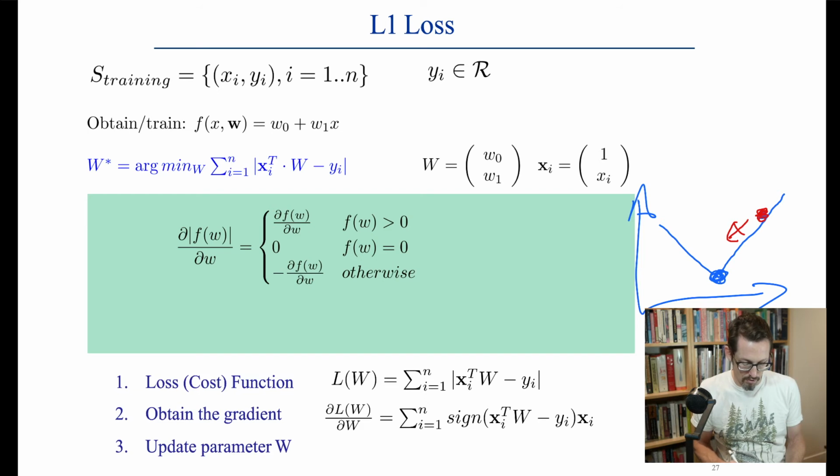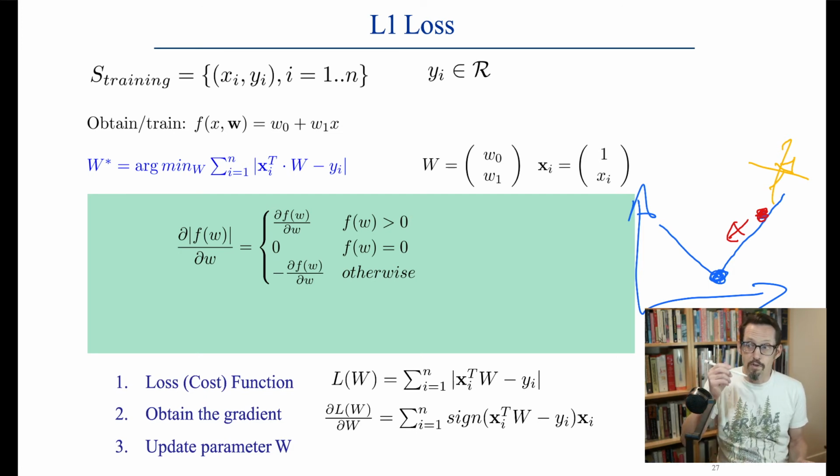We don't want to go, let's use yellow, that way. That's a bad direction to move. We want to move that way. So every data point that we get, we can bump the thing a little bit towards where we think the minimum is. So that is the nature of what a gradient is.